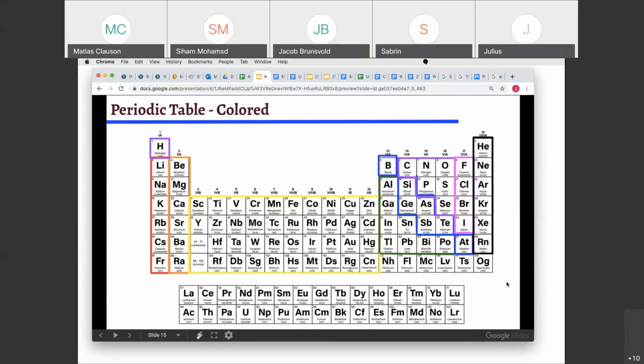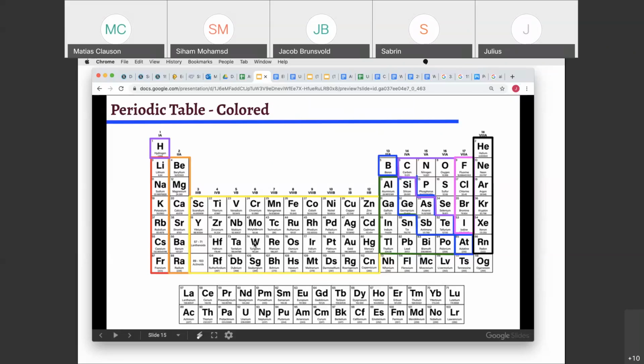So this is what the periodic table looks like colored. You should have done this already, but if you haven't, I put the assignment in today's folder. So take a screenshot and color your periodic table like this. Remember that this red group is the alkali metals. The orange one is the alkaline earth metals.